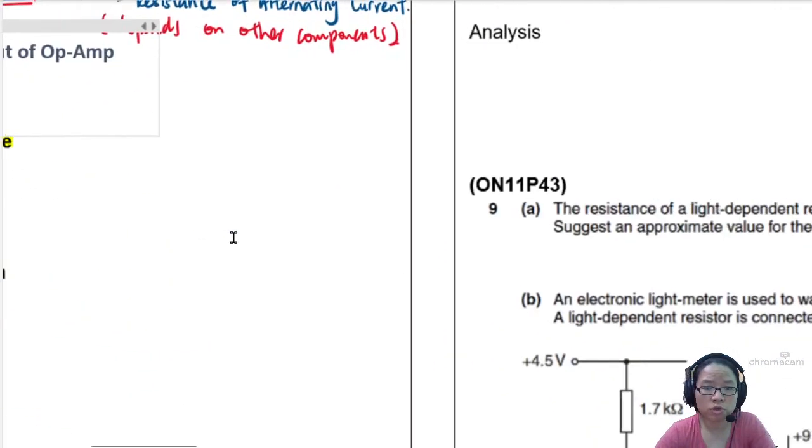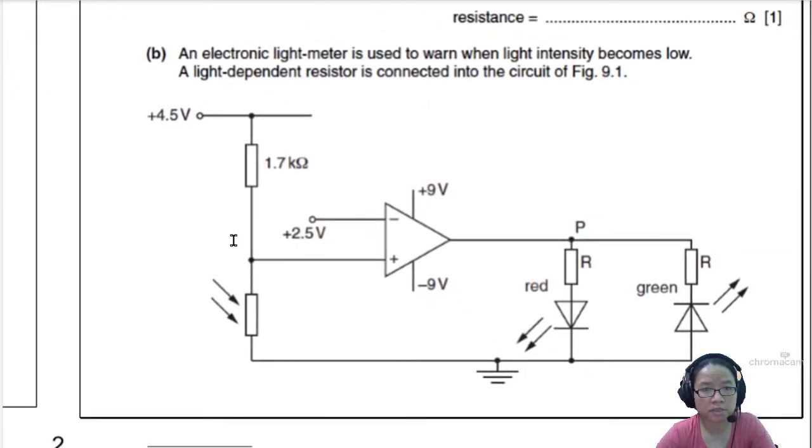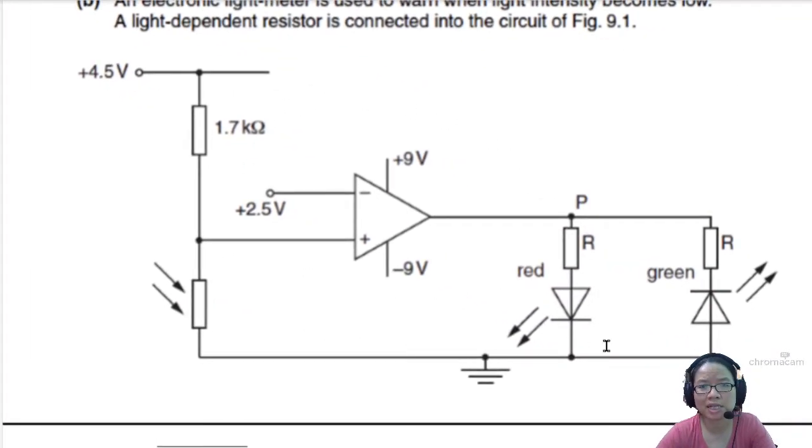If you're wondering how it looks, I will discuss this example in a later video, but it looks something like this. You can see there's a potential divider bridge here. I will highlight for you. There's a 1.7 kilo ohm resistor and there is an LDR here. So this is a potential divider circuit. And let's say for some reason this is not a very good op-amp and some current leaks into here, then the potential across these two components will not be the same anymore.